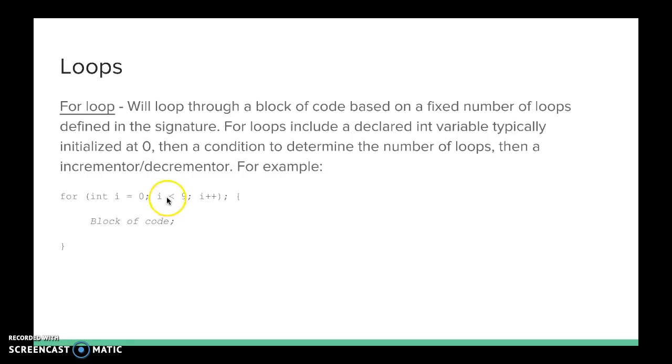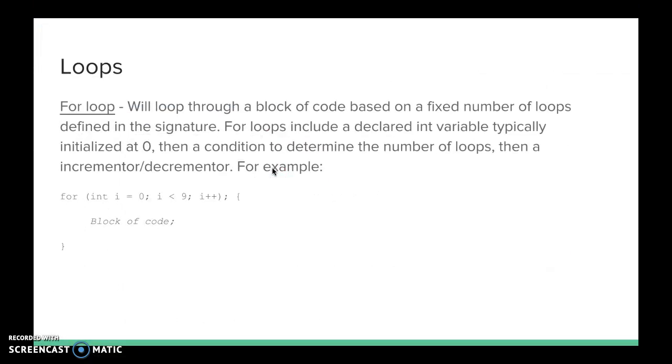In this case, as long as my integer value of i is less than 9, it's going to continue to loop through. And then this increment value, each time the block of code is run, it's going to increment that value. So it's just going to continue to loop until it reaches 9, and then it's going to stop.